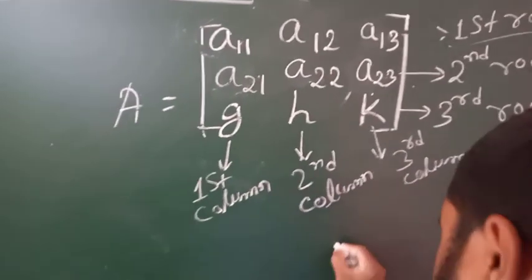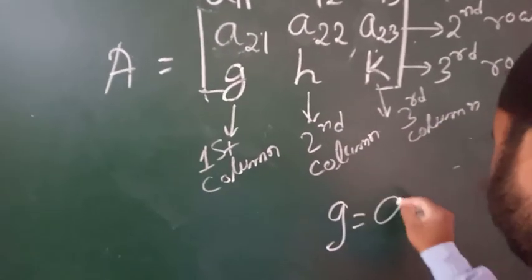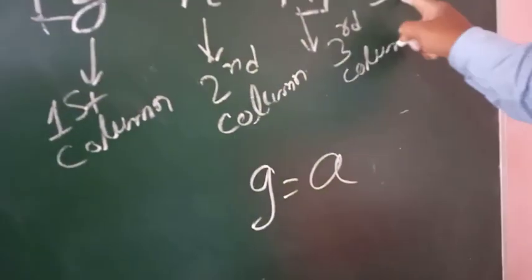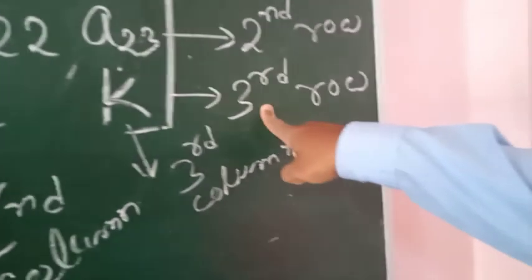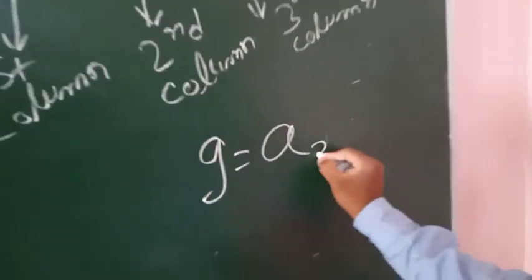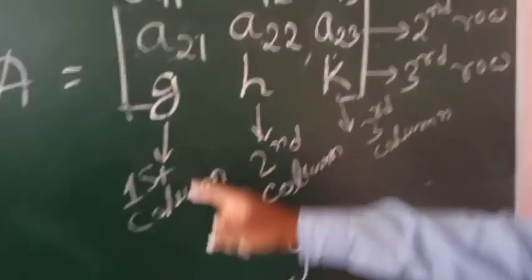Now we go to G. G is in the third row and first column.